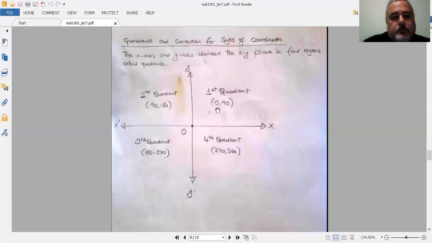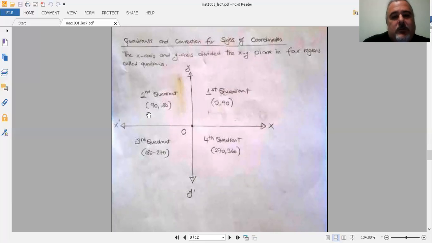From 0 to 90 degrees, it is the first quadrant. Okay. And if you remember the X and Y axes, this is positive, and this is also positive.